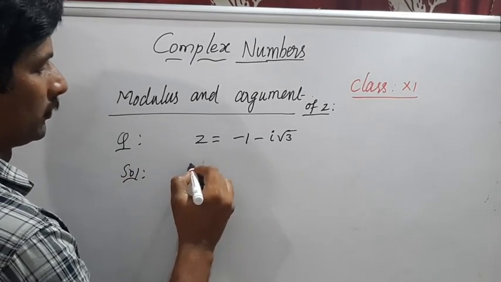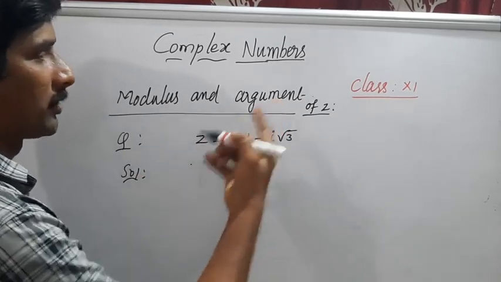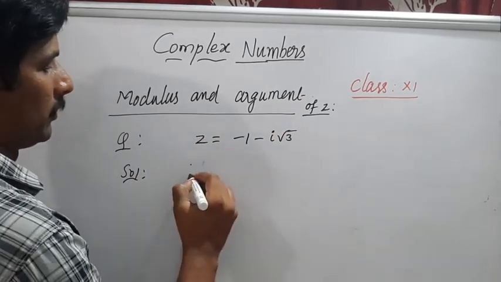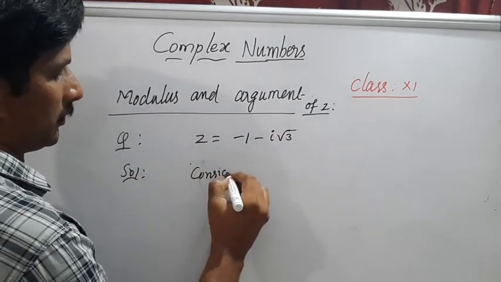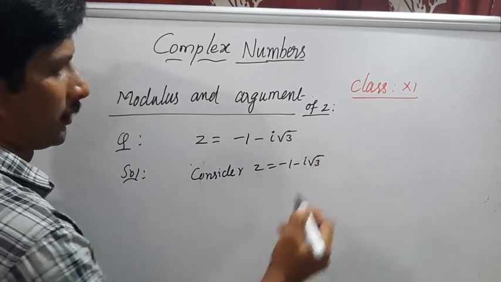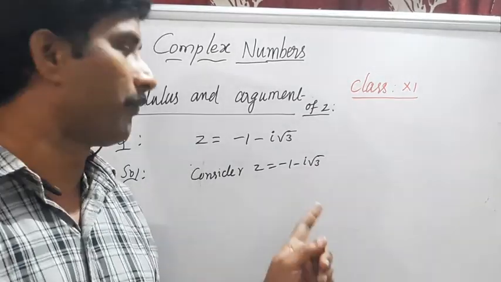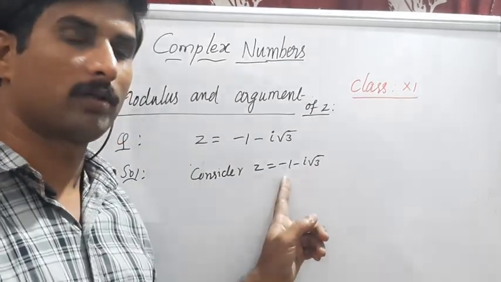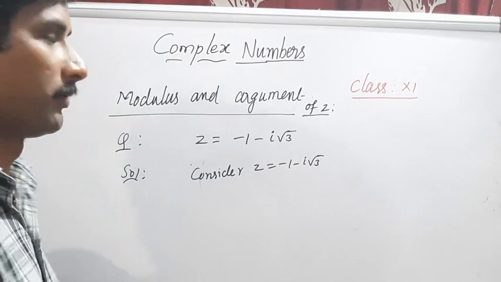So now I'm going to find the modulus of the given complex number. For this, consider Z equal to -1 minus i root 3. In this given complex number, the real part is -1, the imaginary part is minus root 3.